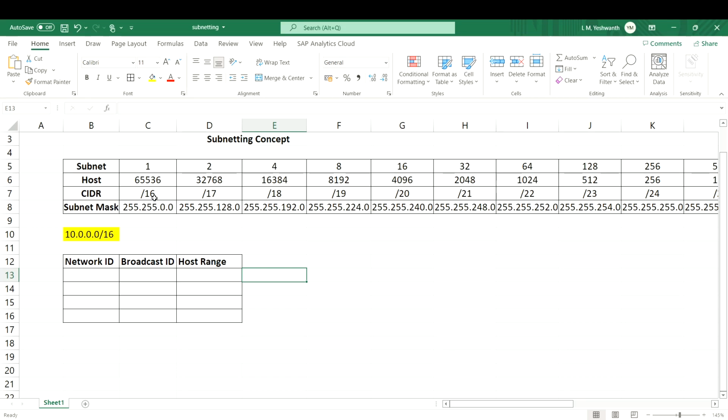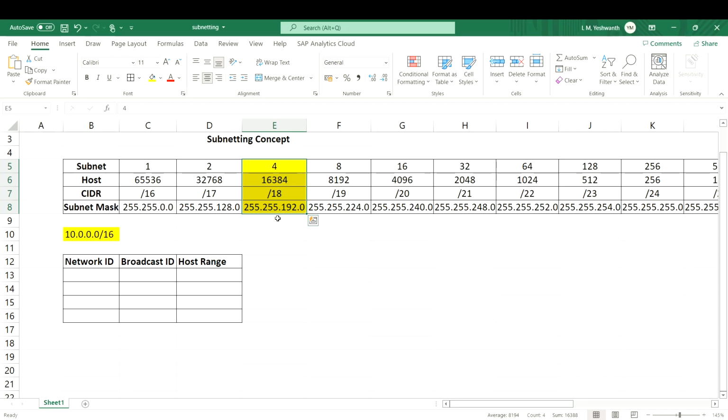You need to search for the number of subnets in the first row. Where does 3 fall? 3 doesn't fall in 1, doesn't fall in 2, and will fall in 4, right? So I will mark this column. If you know this column, you will be able to answer any questions regarding this. So 3 is lying inside this column.